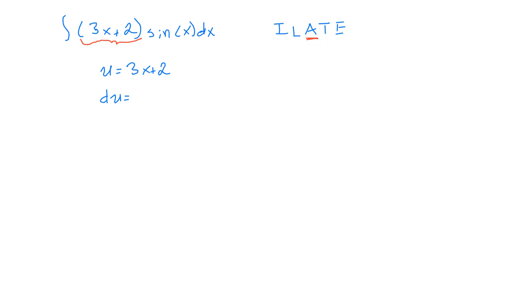du is just 3 dx. And then what's remaining is dv. dv is sine of x. Don't forget your dx. And so what is v? Someone tell me what v is.